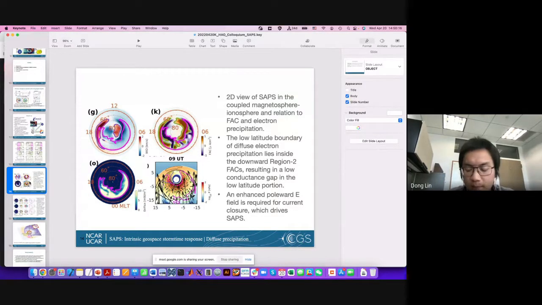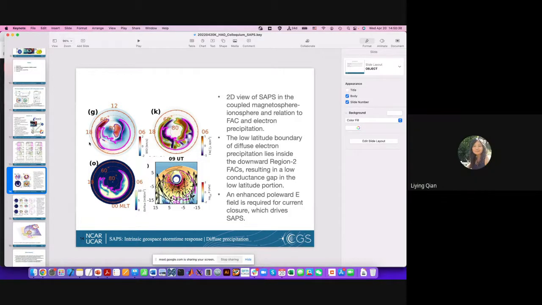I think the key point is that for SAPS to occur, it needs to satisfy the condition that the Feldman current boundary goes below the auroral boundary, wherever they are. So it's more of a relative sense between these two boundaries. Okay, thanks.